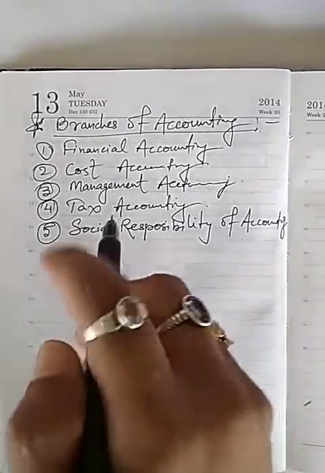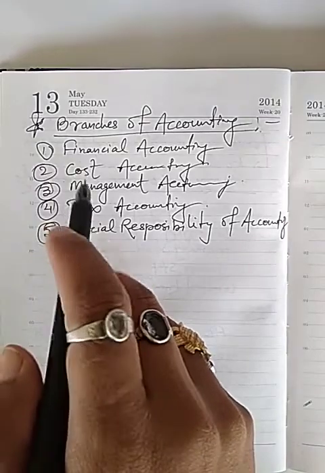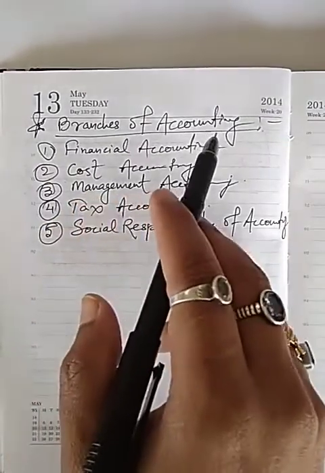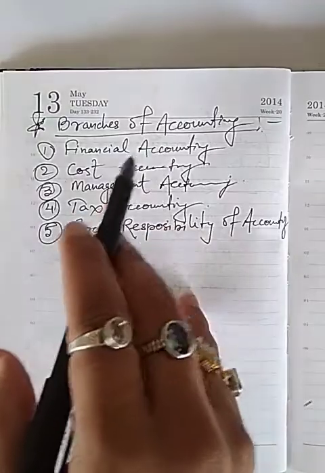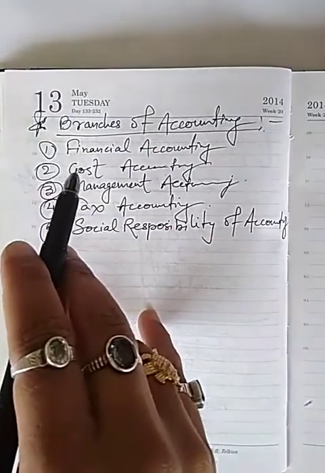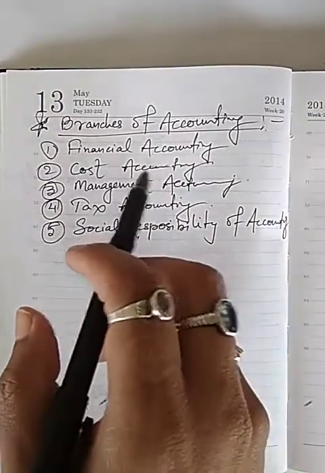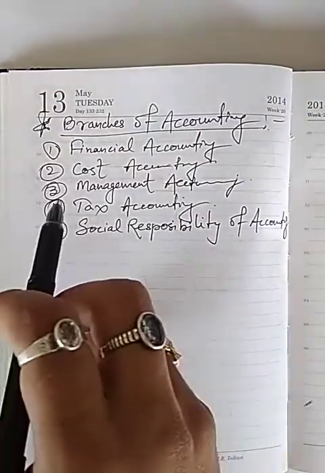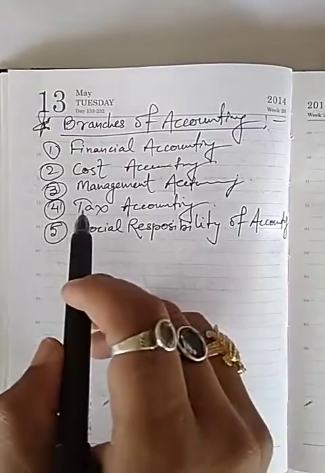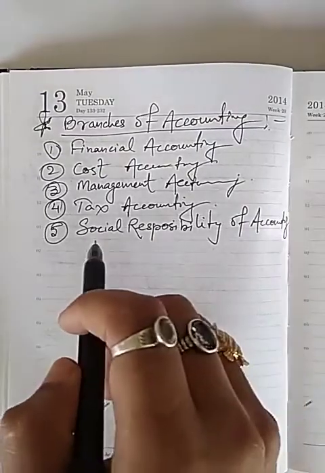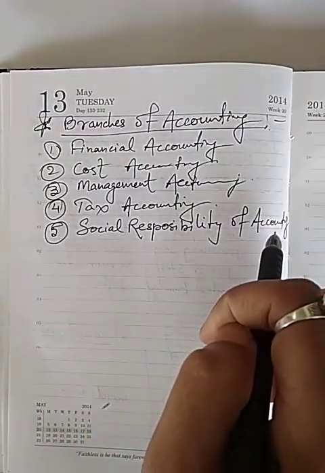Now, branches of accounting. There are five branches: financial accounting, cost accounting, management accounting, tax accounting, and social responsibility accounting.